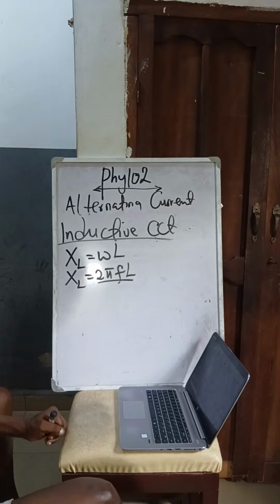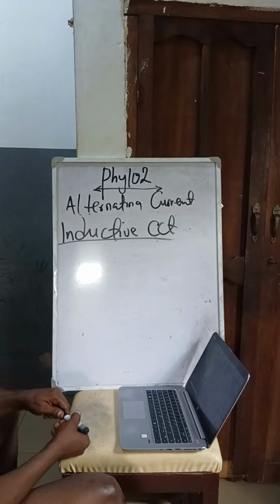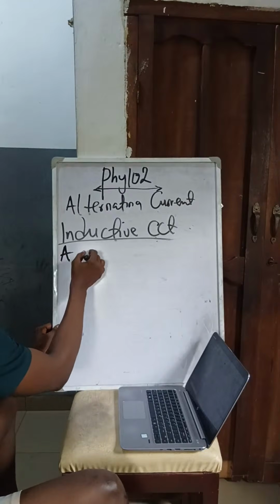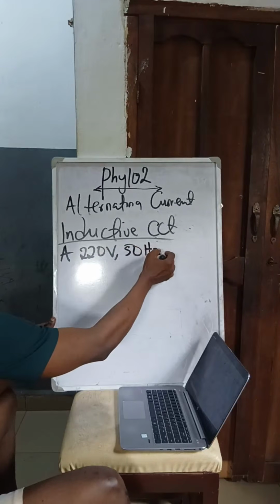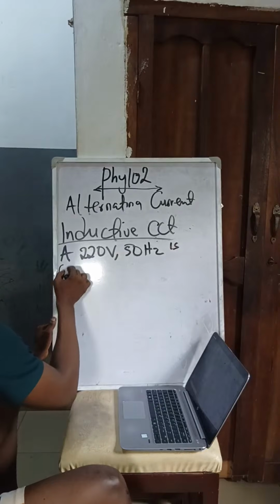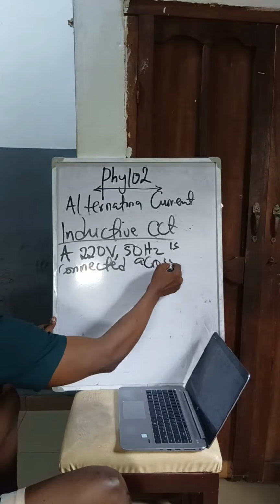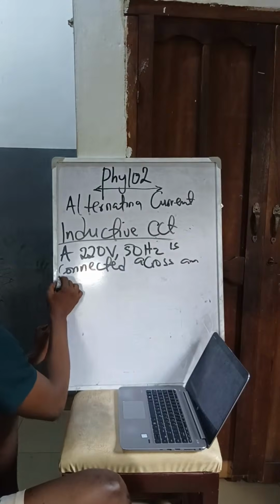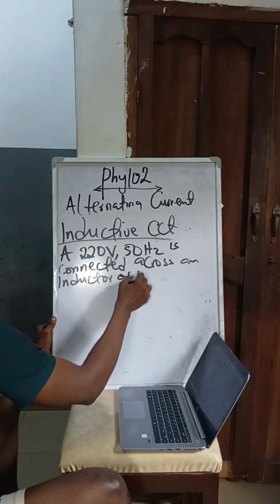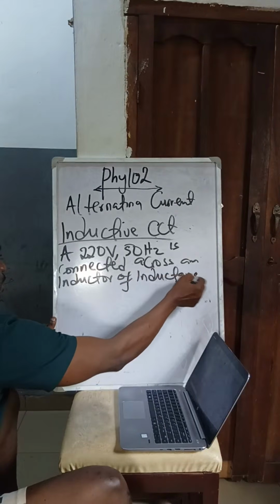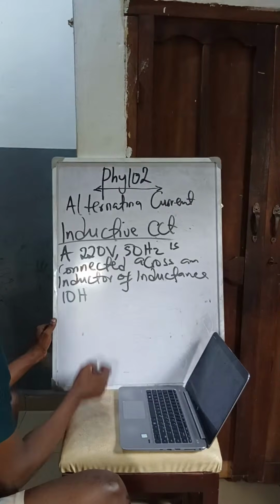So let's pick a question on that and let's know what to do about it. A 220 volt, 50 hertz supply is connected across an inductor of inductance 10 Henry.